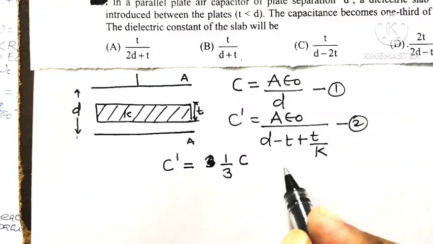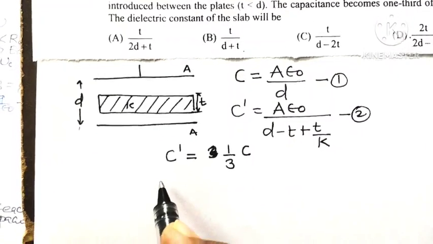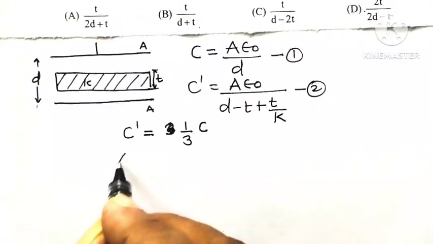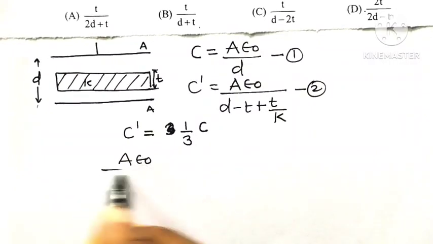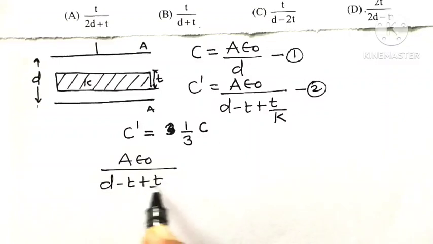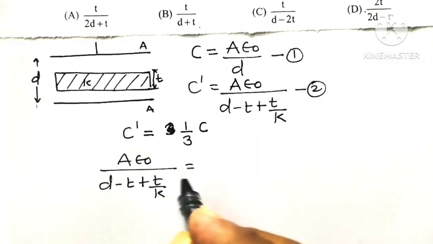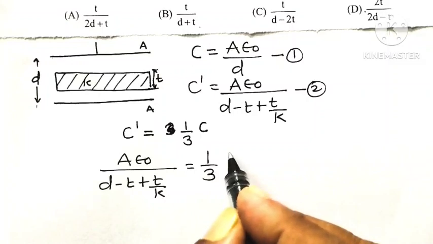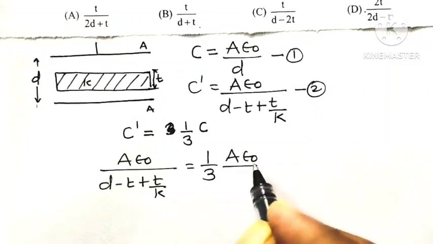C dash is equal to A epsilon 0 divided by D minus T plus T by K, and that is equal to 1/3 of the original value, A epsilon 0 divided by D.